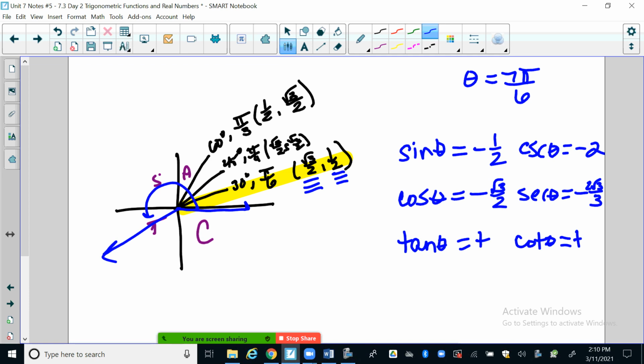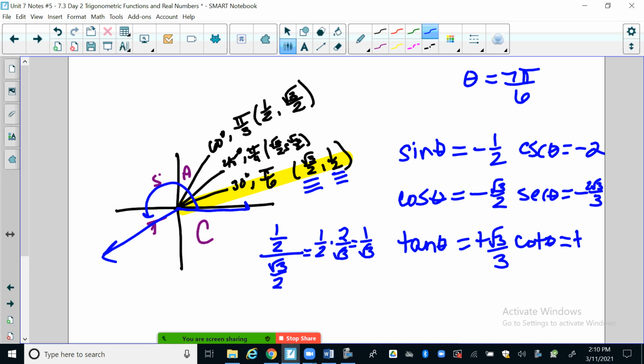Tangent of theta is sine over cosine. So sine over cosine is 1/2 times 2 over the square root 3. So 1 over the square root 3. So when we rationalize, that's square root 3 over 3.